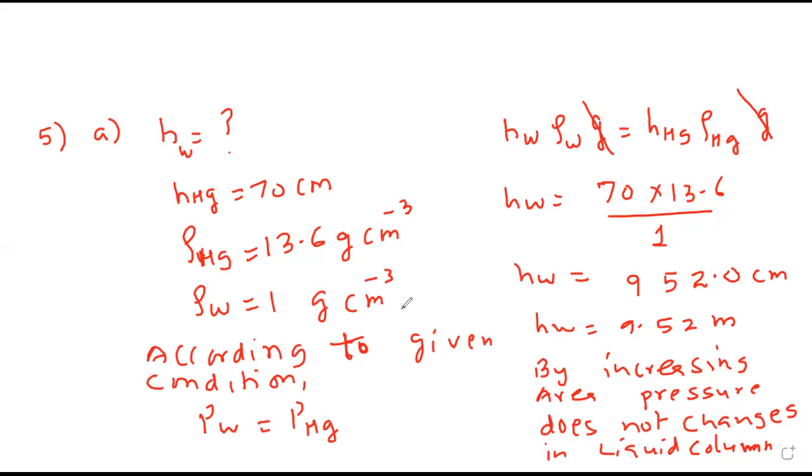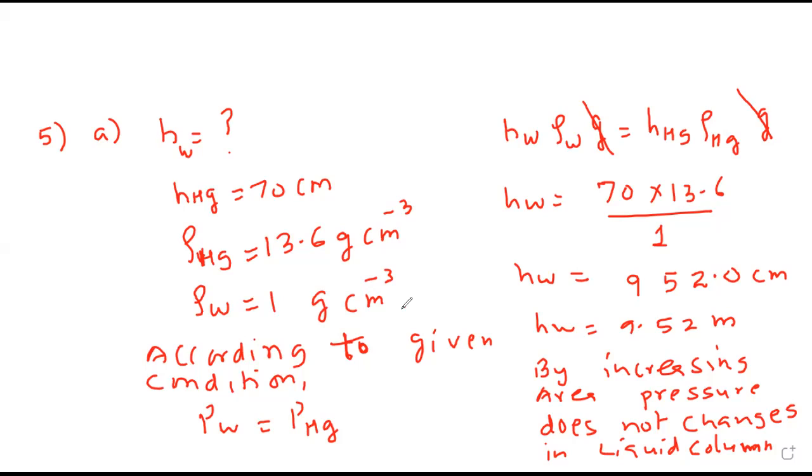Sir, but then to have no change, we have to put more water, right? If the area of cross section is made wider, then more water has to be put to make the pressure equal as before. No, you are getting confused with two terms.